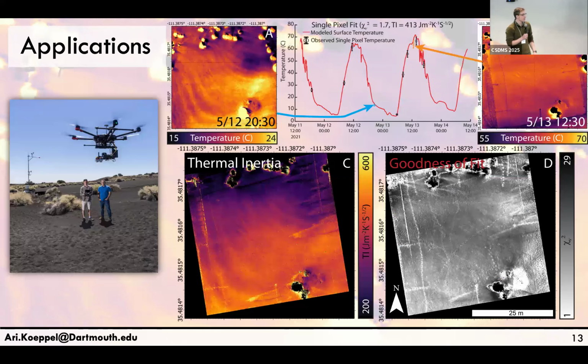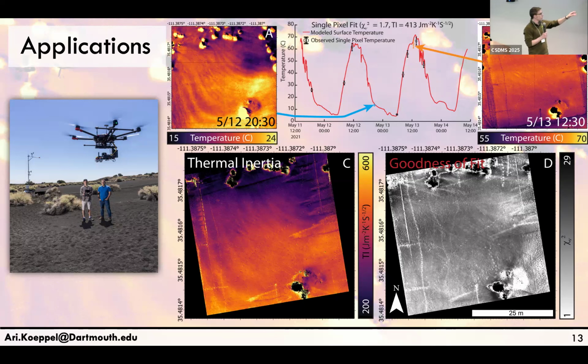Okay, so this is where I think things get really exciting. Once we've been able to constrain the environmental coefficients, then we can go out and fit for just the thermophysical parameters, basically just thermal inertia, over a broader area if we make the assumption that those environmental coefficients apply over that broader area. And we do that, in this case, using aerial thermal images.